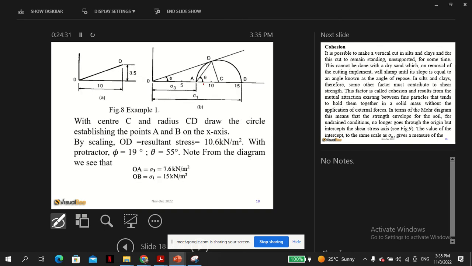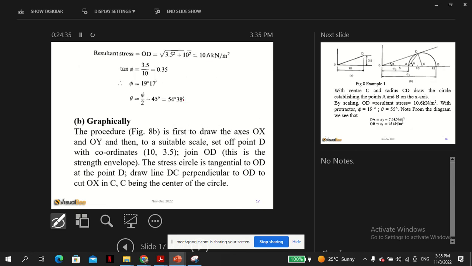So here, this is what we are saying. However, in terms of calculation, the resultant force, of course, you remember this. The shear is 3.5, and this is 10. So the resultant force, of course, is the square root. Should be very easy.